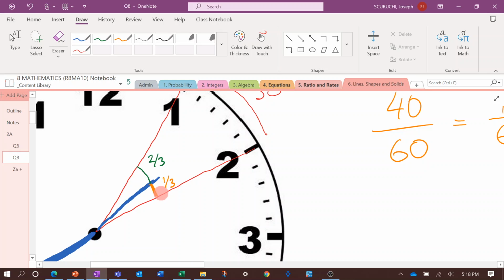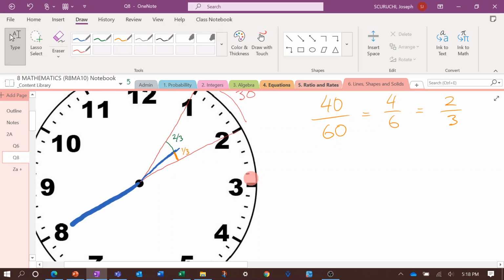If I therefore want to figure out what this angle is going to be, I'm going to ask, what's 1/3 of 30 degrees? And I know that of is just the same as times, so what's 1/3 of 30? Well, 1/3 of 30 is obviously 10 degrees.